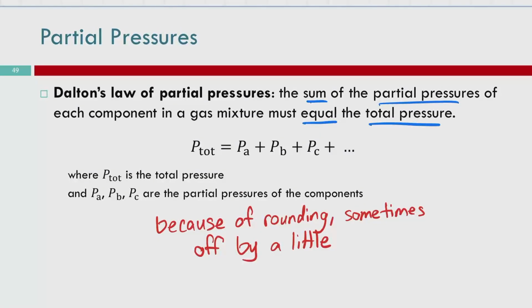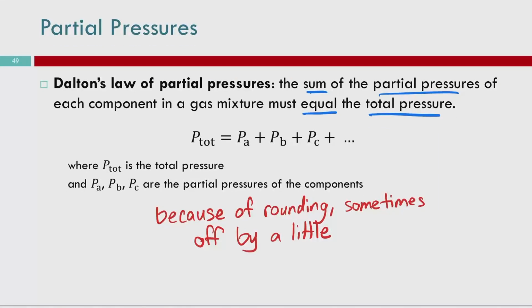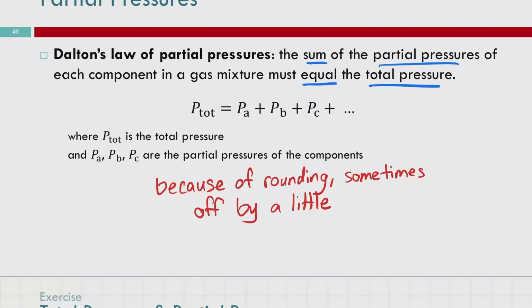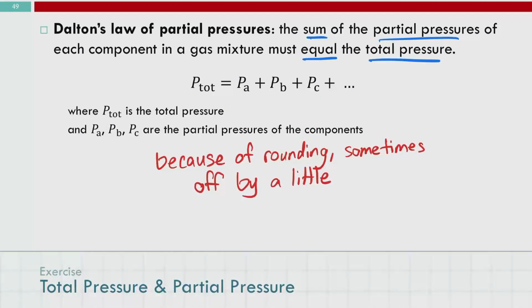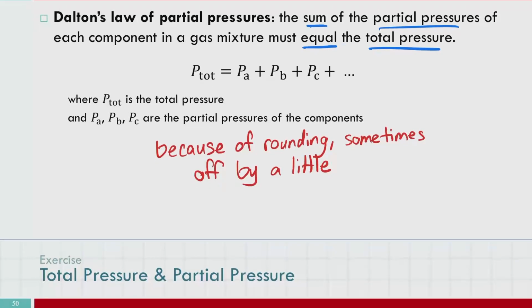It's the same as percentages. Percentages sometimes don't always add up to 100% just because of the way that things round out. But it'll usually be like 99% or 101%. Same thing can happen with partial pressures. It should end up to be correct on the exam at least. So that's Dalton's law of partial pressures, our third thing relating to partial pressures.